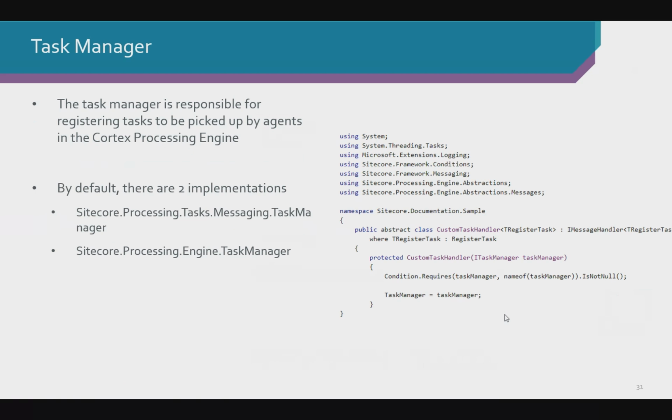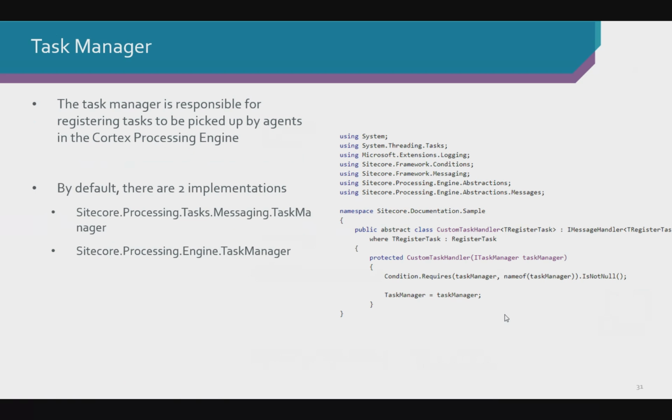What I mean by this message bus and registering tasks is basically that when an event is happening in your Cortex processing, it will use a message bus to tell the reporting database or collection database that this report is completed, or pending, or deferred, or it can tell all those different Sitecore Cortex roles where we are in the process of completing that task.